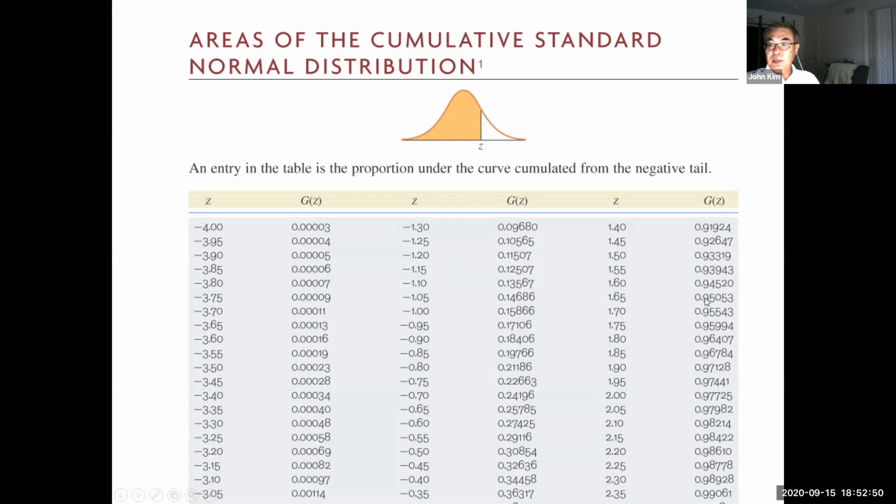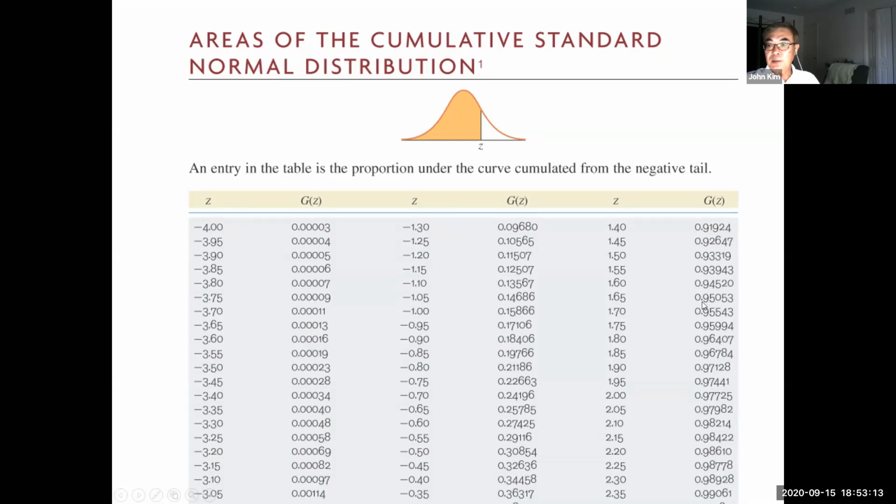You cannot find the exact 95%. In that case, find the nearest. 0.95 is between 0.945 and 0.9553. This one is nearest to 0.95.